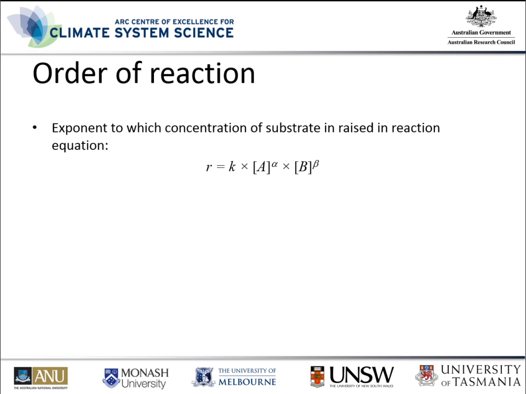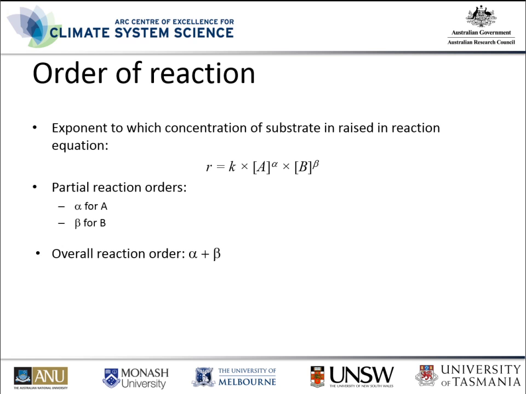But in other types, a reaction can be proportional to a substance A, so the concentration of a substance A at a certain power and another substance, etc. So we have partial reaction orders. So here the order for A is alpha and the order for B is beta. And the total order of the reaction R is alpha plus beta. Okay?